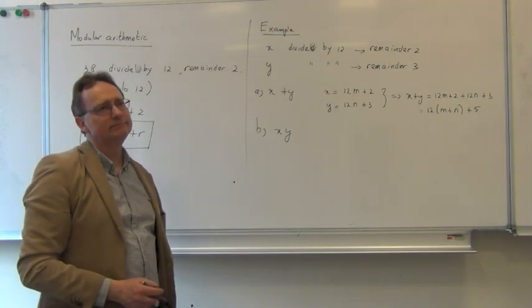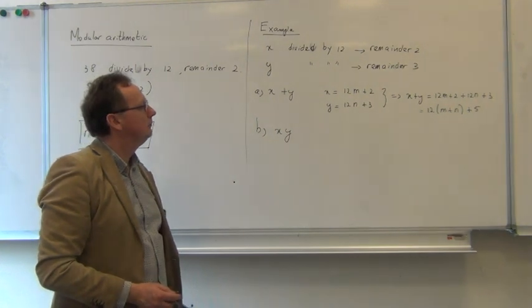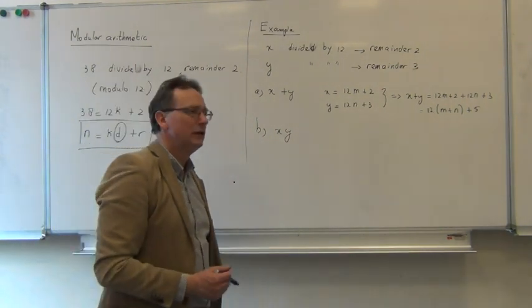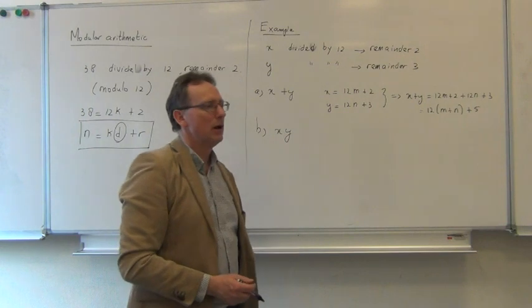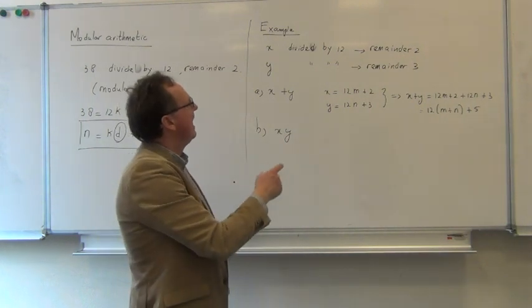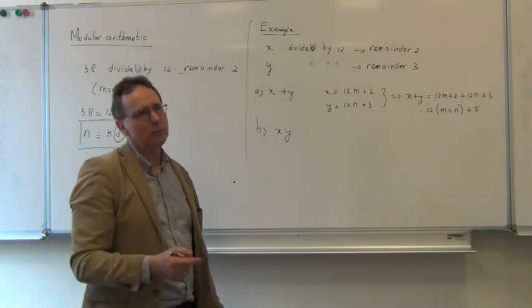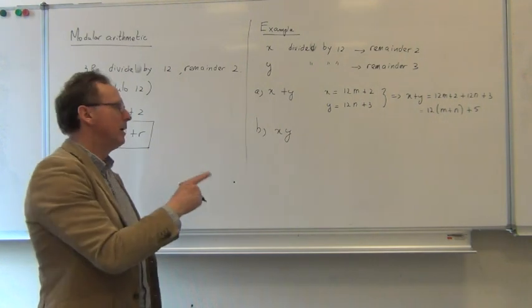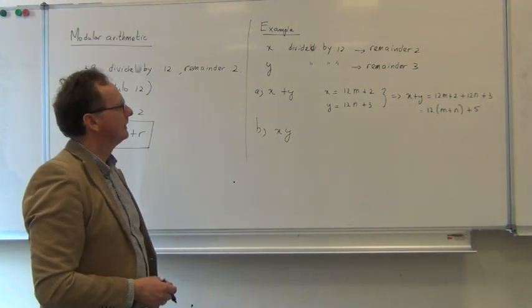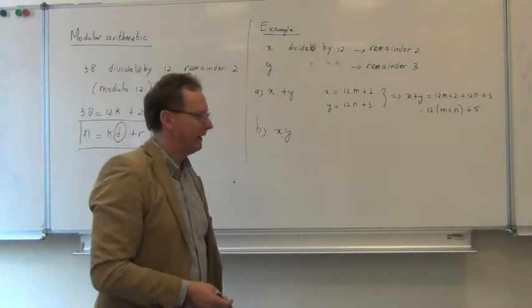Well, yes and no. Maybe normally not, but it turns out it's not a problem, because if minus 1 is a remainder, then you can add 12 to that, and minus 1 plus 12 is 11. We come to that a little bit later. But it's actually not a big problem to talk about negative remainders here.